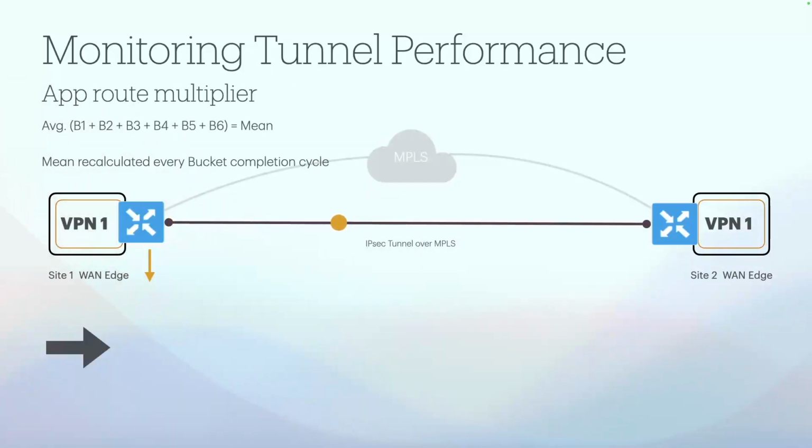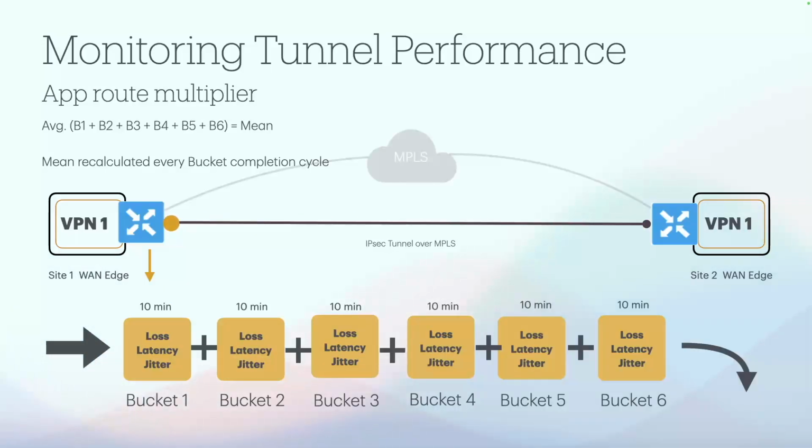The final step in the performance calculation is the app-route multiplier. By default, the system looks at the last 6 buckets to determine the overall health of the path. As each 10-minute cycle completes, the oldest bucket is dropped and a new one is added. The fabric then calculates the mean or average of the loss, latency, and jitter across this entire hour-long window.